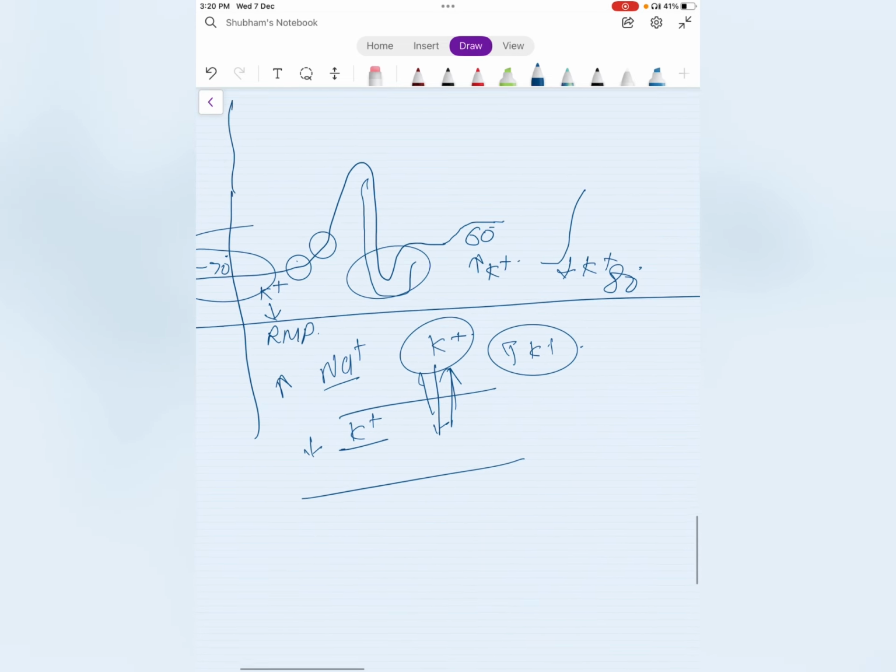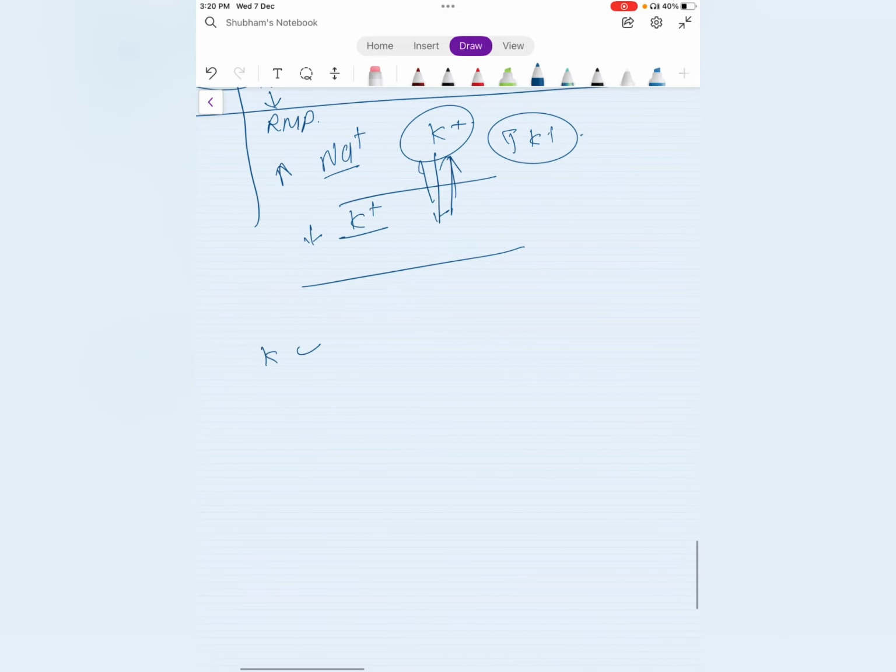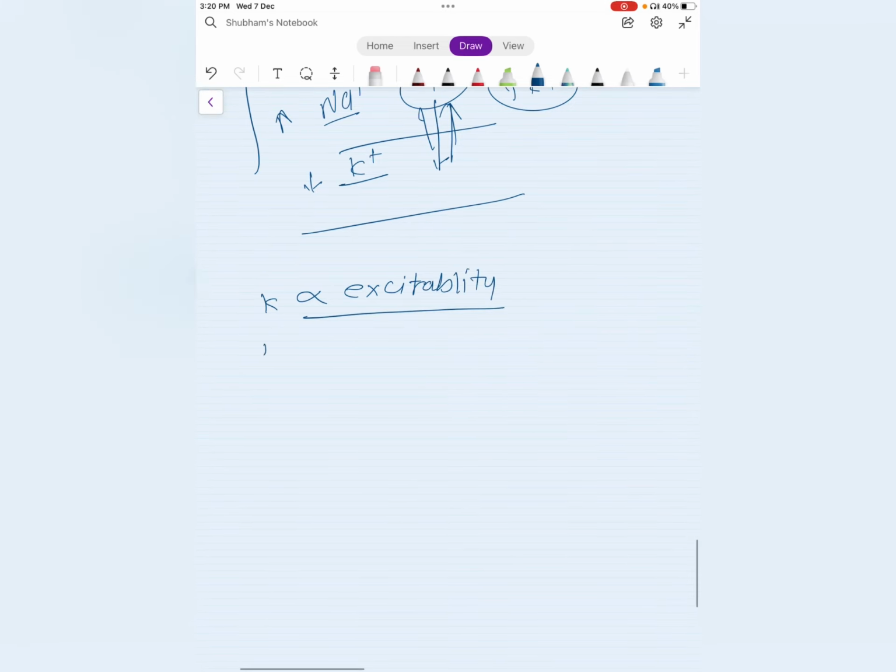So you just think of it as potassium is directly proportional to excitability, and sodium is directly proportional to amplitude.